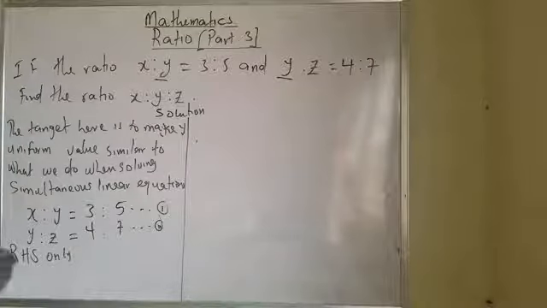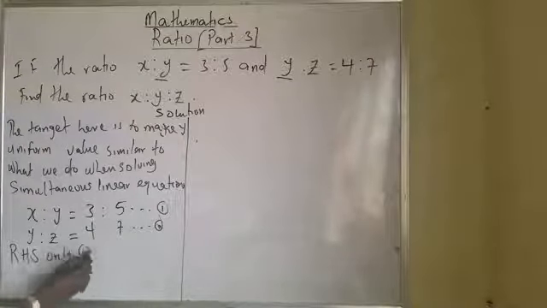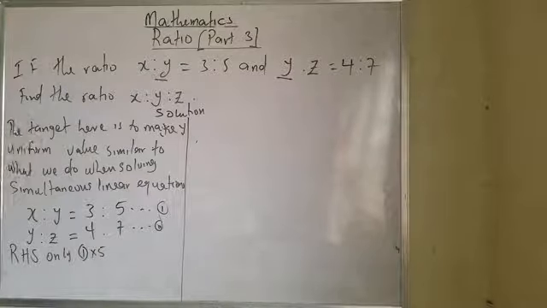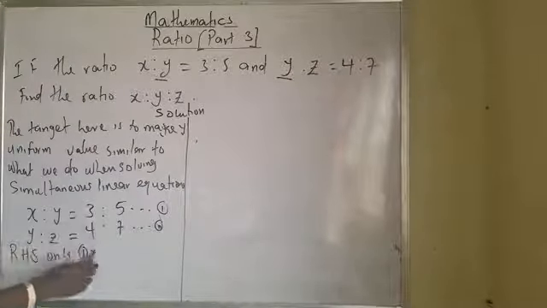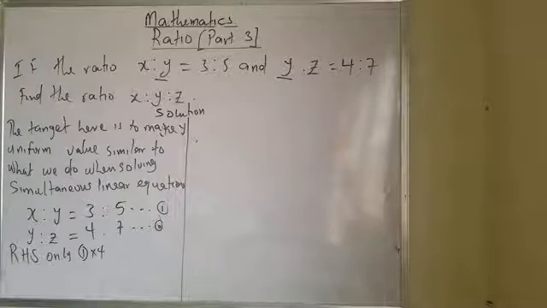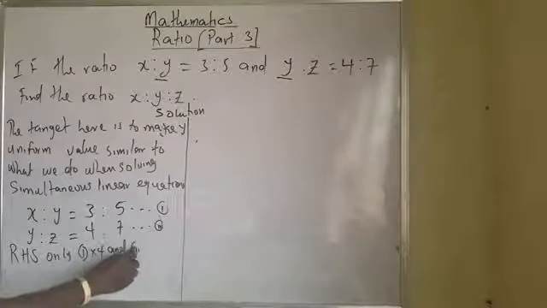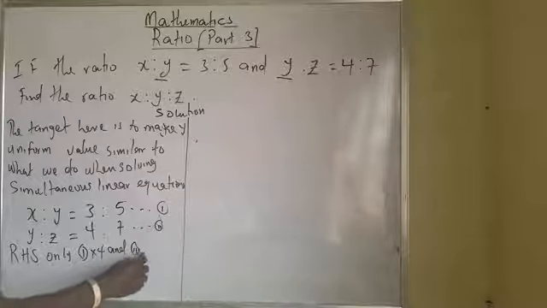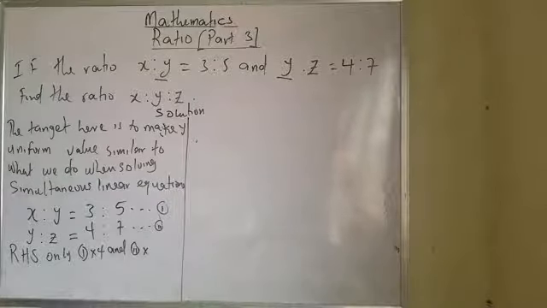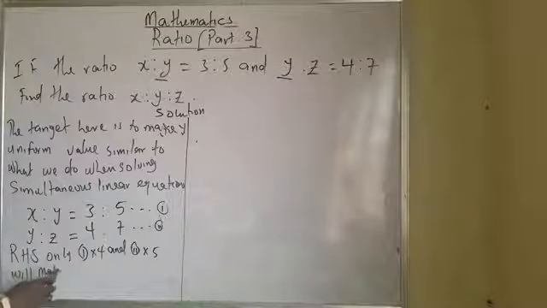RHS only: multiply equation 1 by 4 and equation 2 by 5, which will make y uniform.